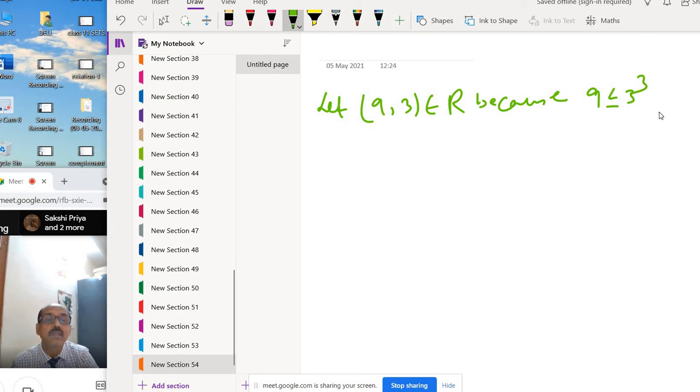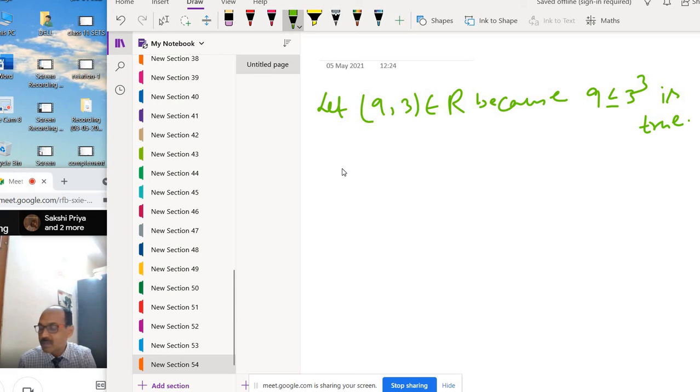So 9 less than or equal to 3 cube is true.